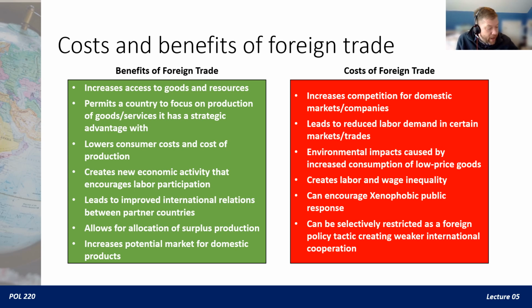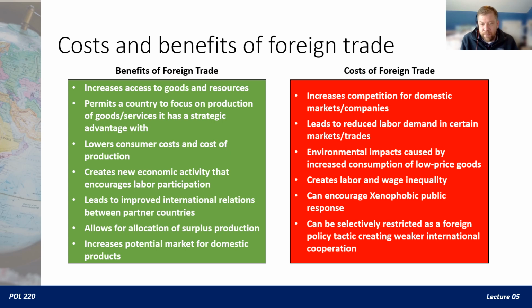It creates labor and wage inequality, obviously. If you're having to compete against lower price goods internationally or abroad, the existing domestic markets and employees will struggle there. It can encourage a xenophobic public response, right? Naturally, people whose lives were upended by the increase in the trade of international steel might have held very negative views of the countries where the steel was now coming from.